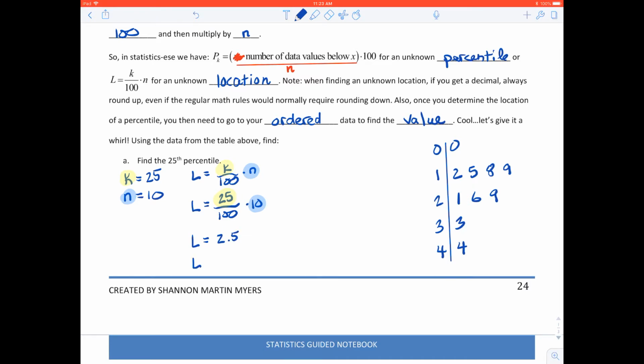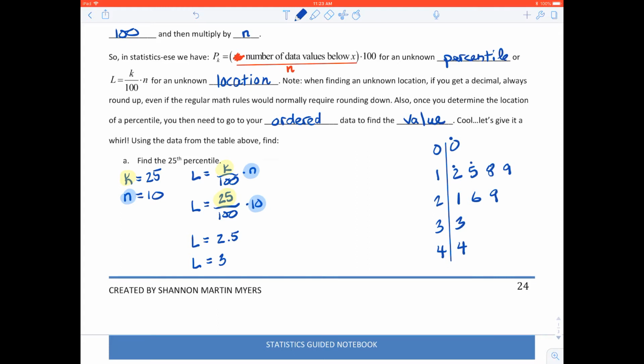Now, we were told to round up, so we'll get 3. Is that the answer? No. Now we have to go over here, right? And we have to count from the minimum, 1. So 1, 2, 3.